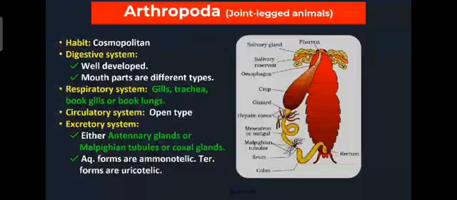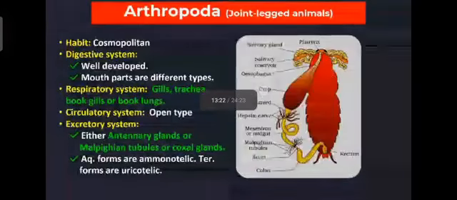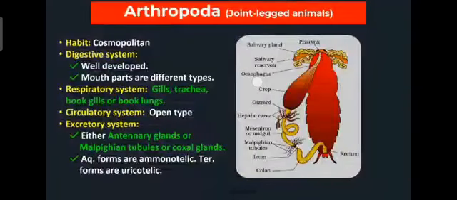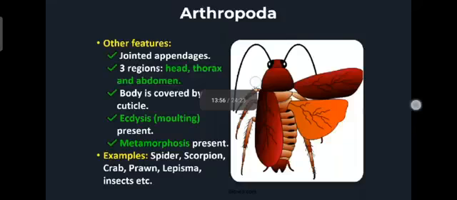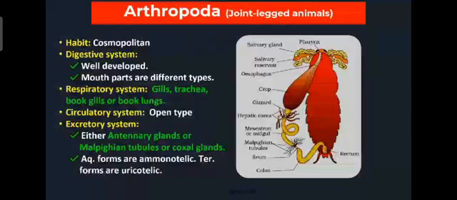Now another important one, the excretory system. Here excretion takes place through the Malpighian tubules. That you have to remember, it is important. In the cockroach you will find Malpighian tubules. In the diagram, in the digestive system, below, you can see black thread-like structures.